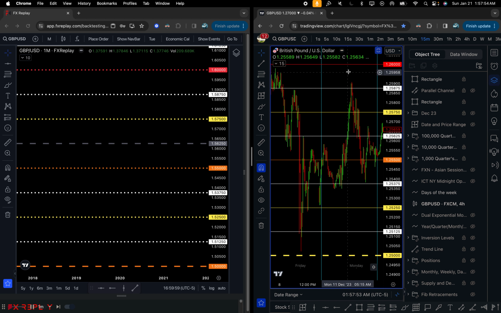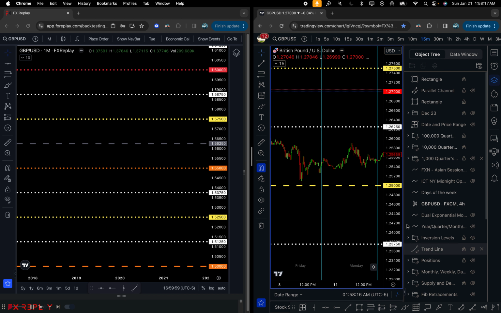And this is our 1,000 levels. Between here and here, it's 1,000 points. And you just mark everything halfway. Halfway is orange. The quarter levels themselves are yellow, and then the half quarters are white. And that is how you do that.